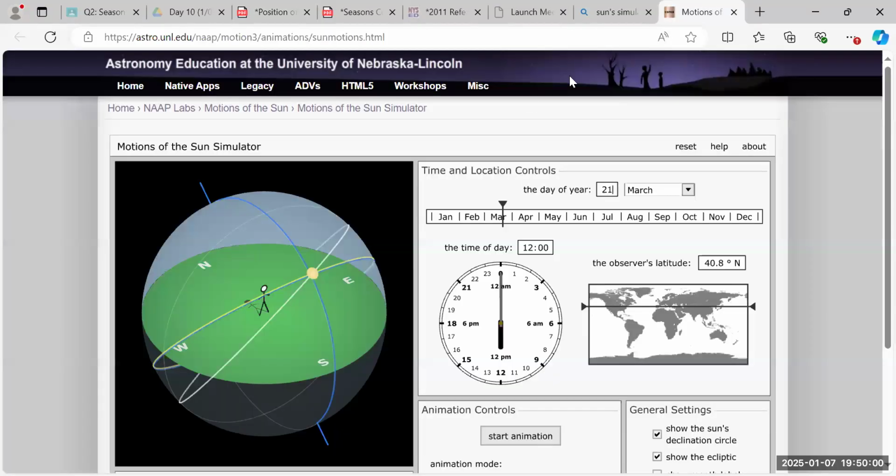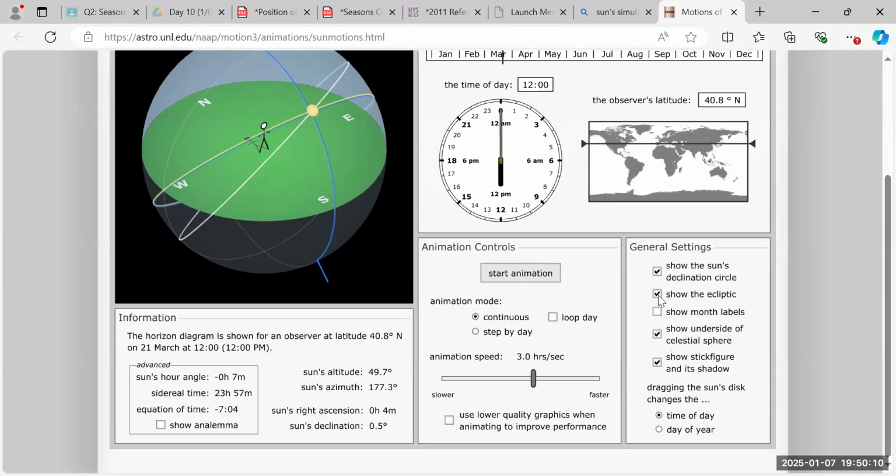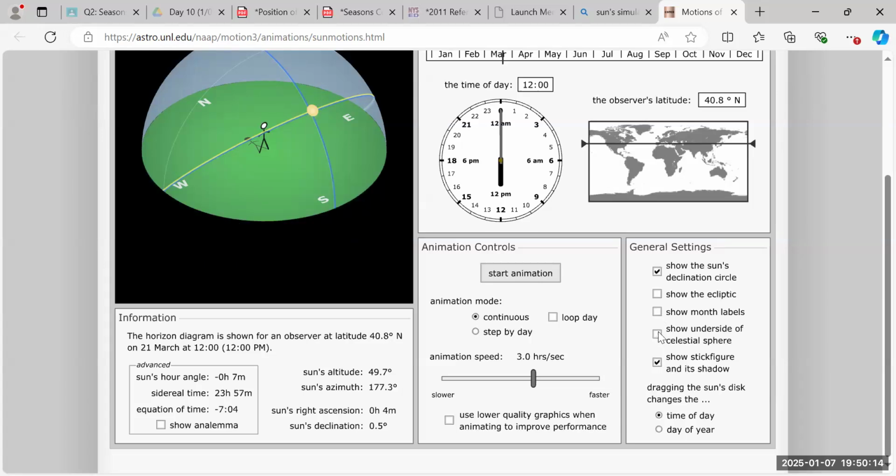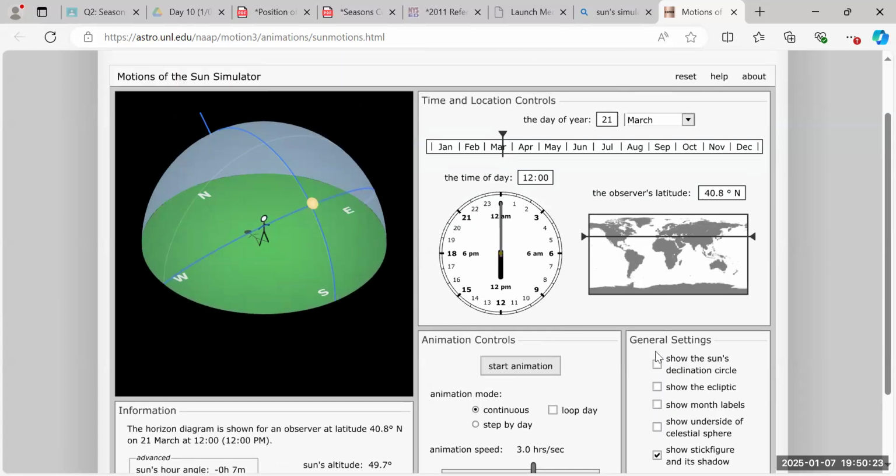So this was the website that we used, and I'm looking to see which, let me uncheck some of these. There we go. All right. Sorry, give me a second.